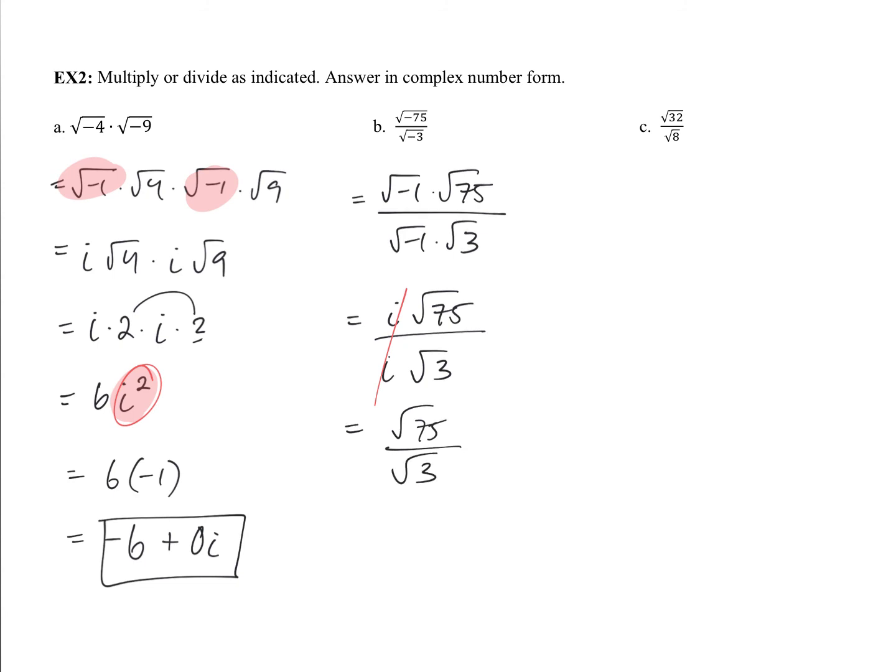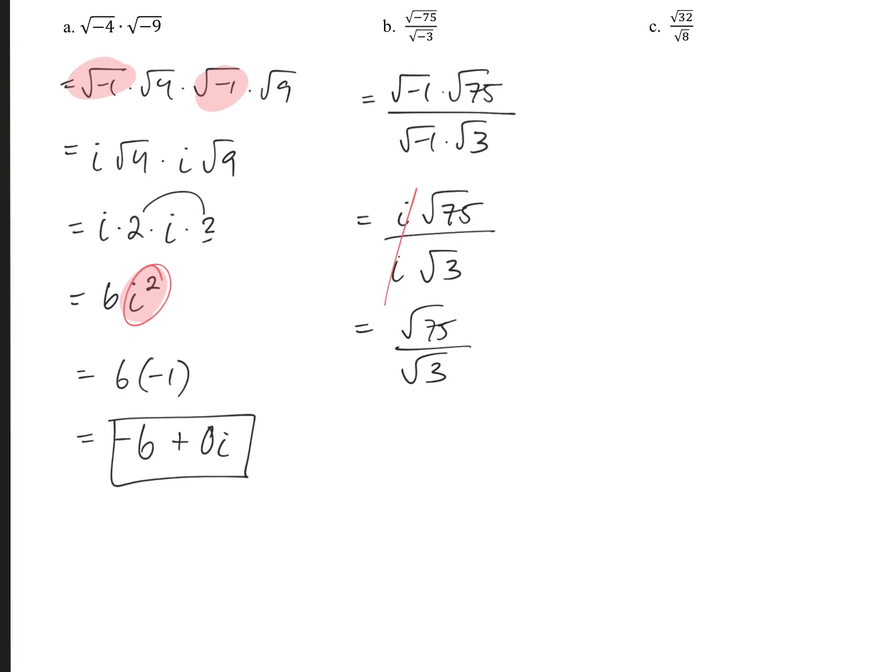Now when I'm thinking here, I don't know how to simplify root 75, and I don't know how to simplify root 3. But if I combine them again, my brain is thinking 75 is divisible by 3, right? Because 3 quarters gives me 75 cents. So that's just root 25. And I can simplify that. That's 5.